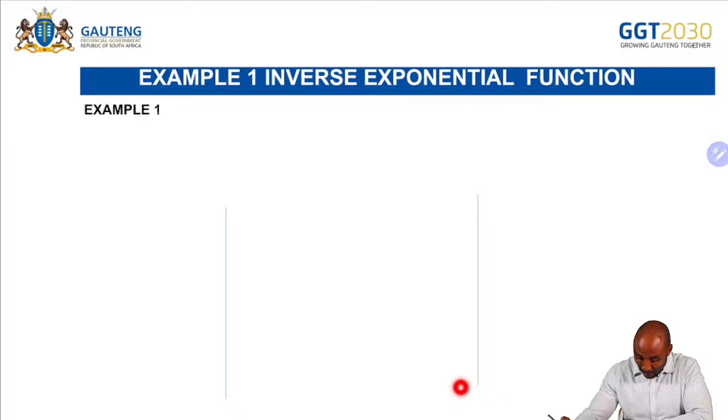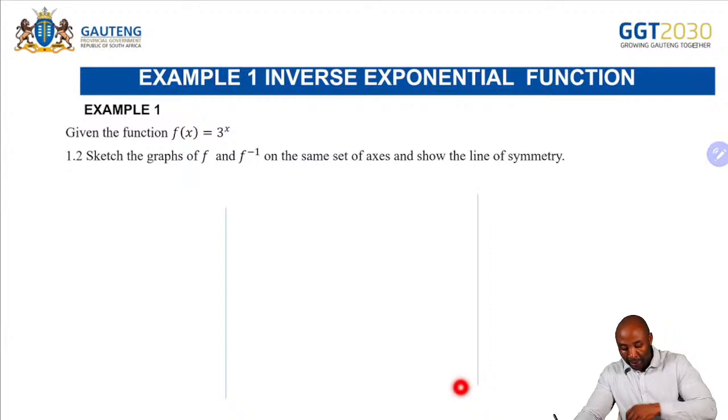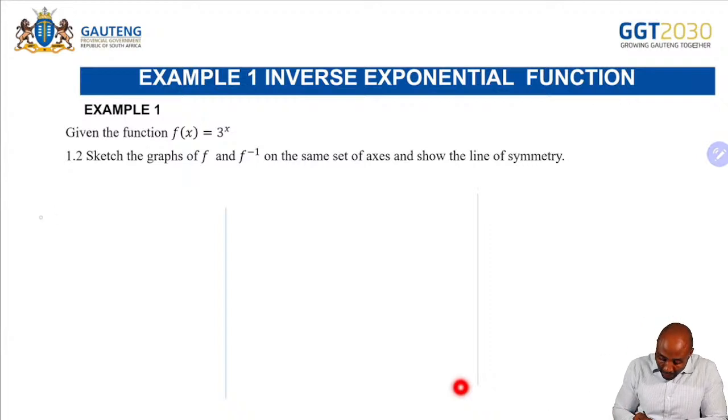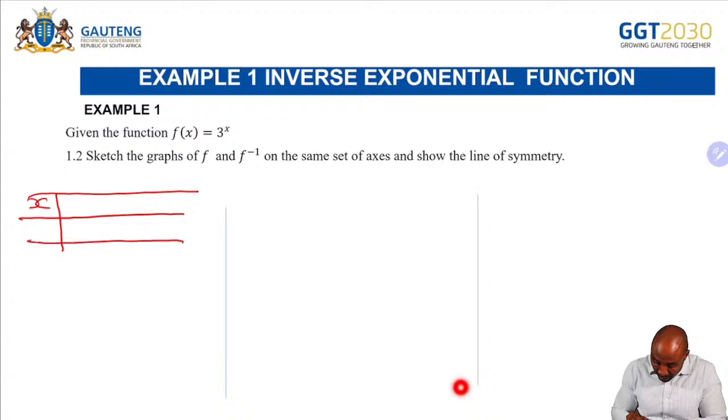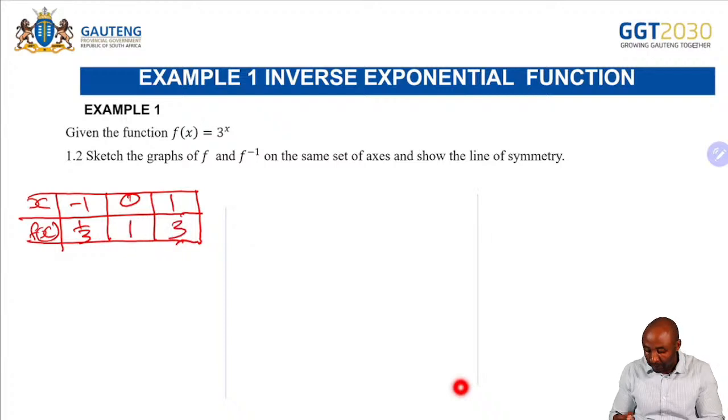So let's check our 1.2. Yes. So I can say my x values were negative 1, 0, 1. So for f of x, I got 1 over 3, I got 1, and I got 3.